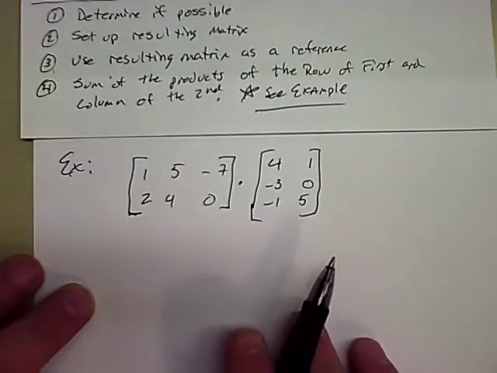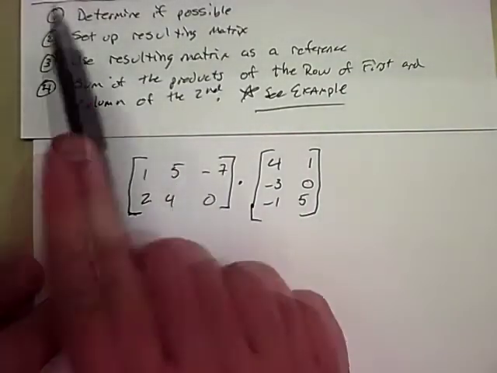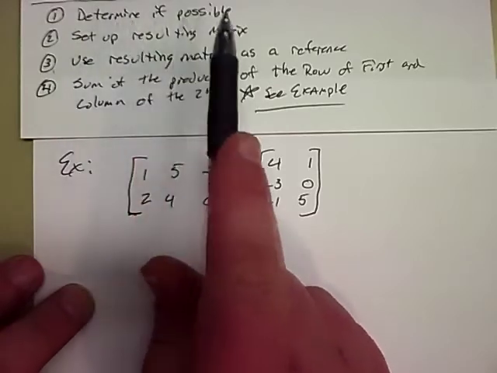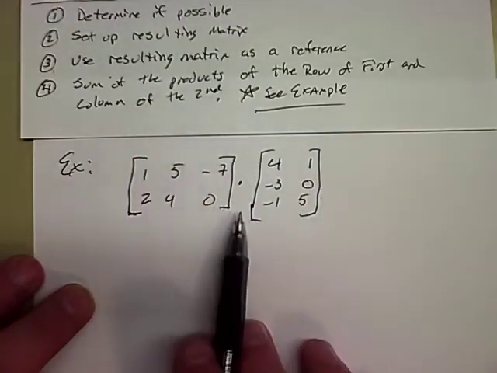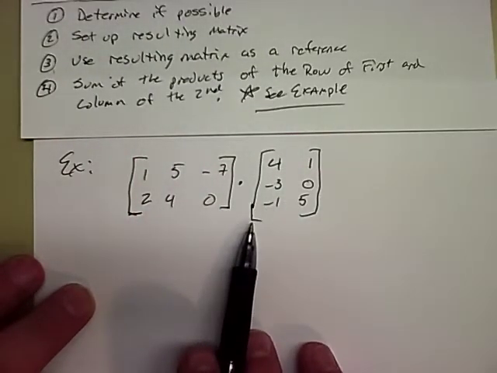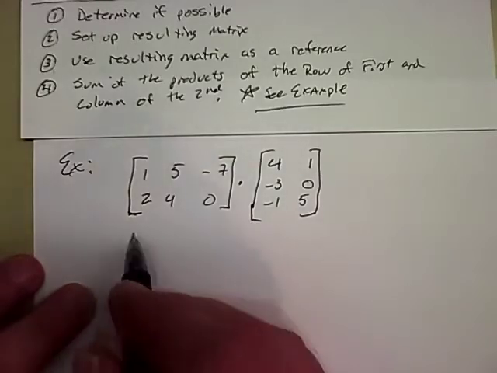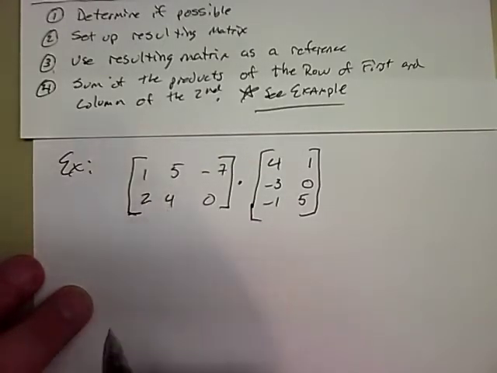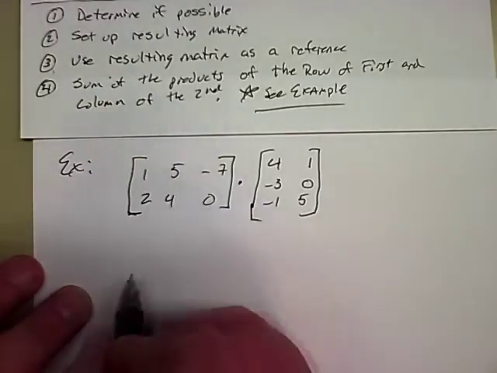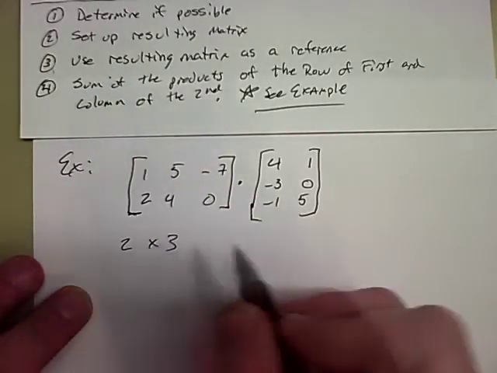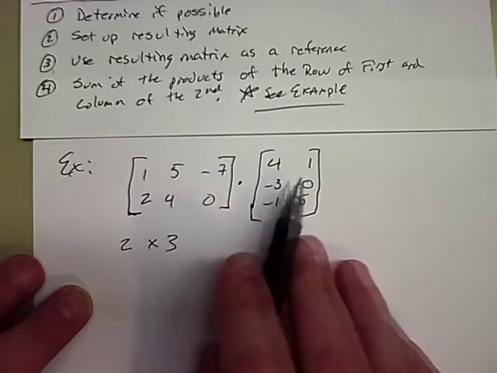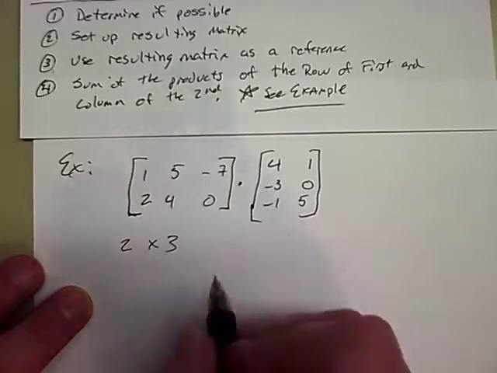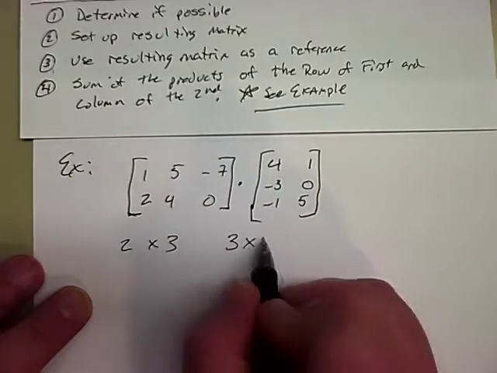All right. So, step 1 says determine if possible. So, is it even possible that I can multiply these 2 matrices? So the first thing we're going to do is say, all right, what's the size of the first matrix? Well, the first matrix is a 2 by 3. So we have a 2 by 3. And the second matrix has 1, 2, 3 rows and 2 columns. And so this is a 3 by 2.